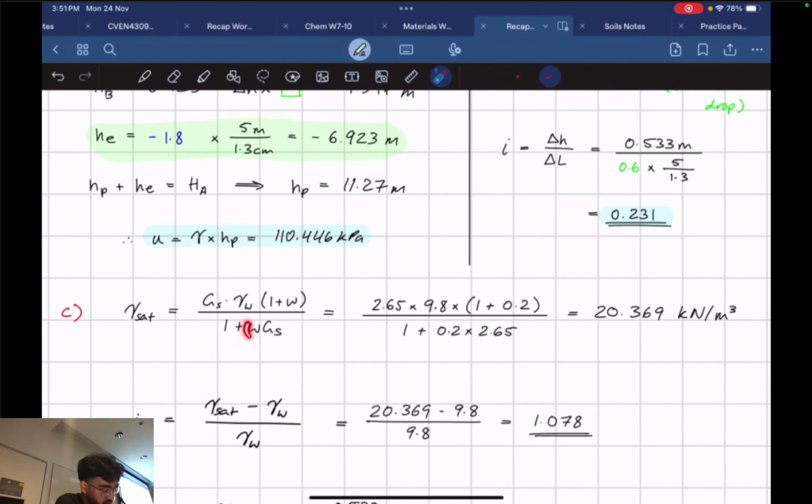By the way, this formula down here is originally 1 plus e, but as we know, e S r equals W Gs, and because it's saturated, W is just equal to 1. So I've just subbed in W Gs. Cool?